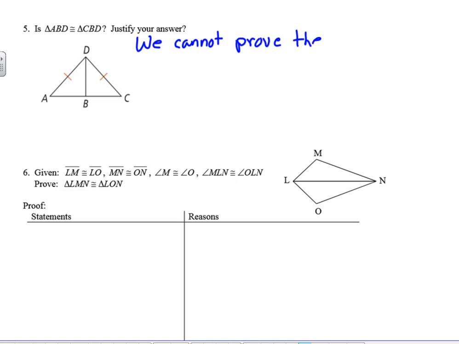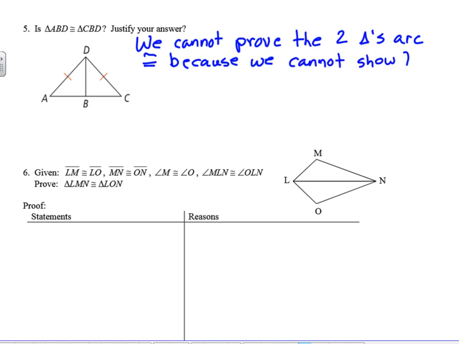the two triangles are congruent because we cannot show that all 6 corresponding parts are congruent.